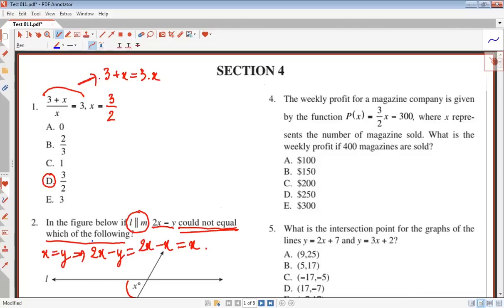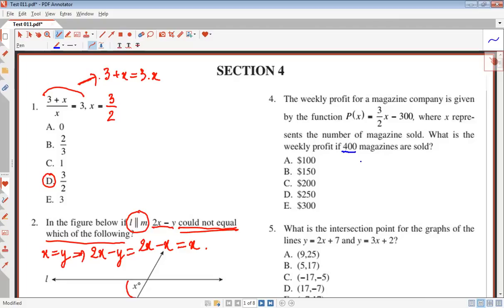Question number 4. The weekly profit for a magazine company is given by the function P of S equal to 3 seconds times X subtract 300. And here S is the number of magazines sold. What is the weekly profit if 400 magazines?